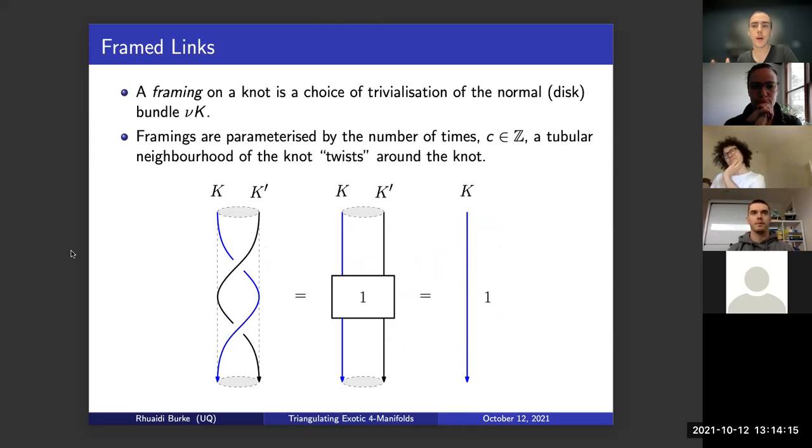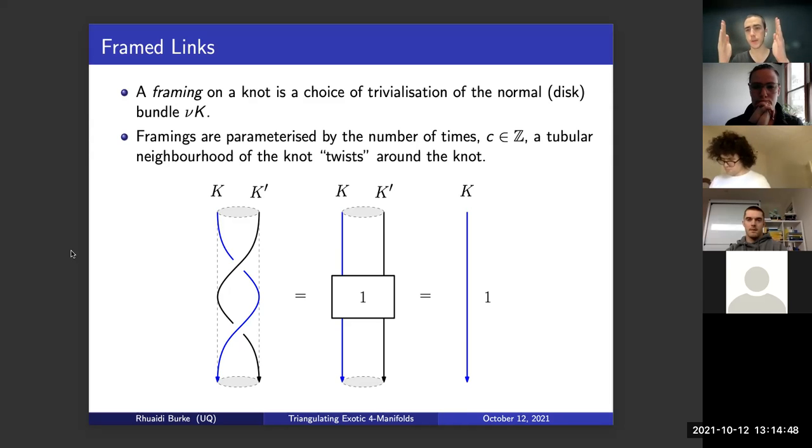Now, what we then want to consider is a framing on these objects. A framing on a knot is a choice of trivialization of the normal disk bundle. What this basically amounts to in practice is, if you imagine your knot and a parallel copy of your knot pushed off from it, this generates a normal vector field to your knot.